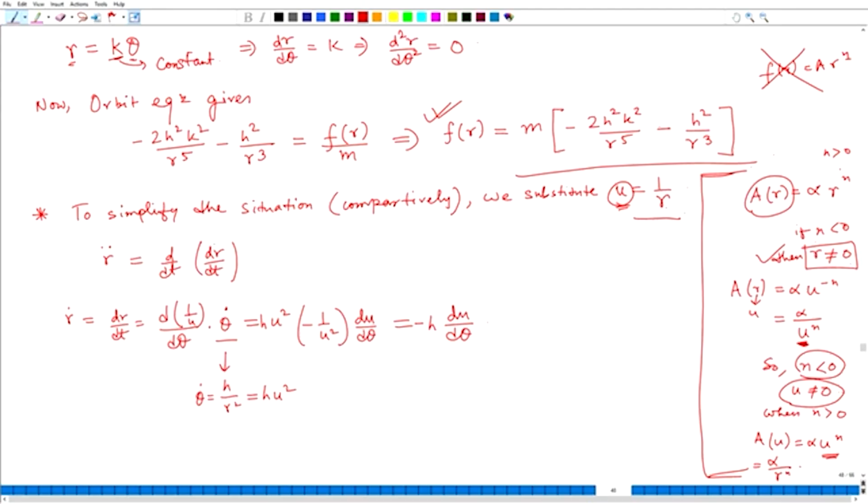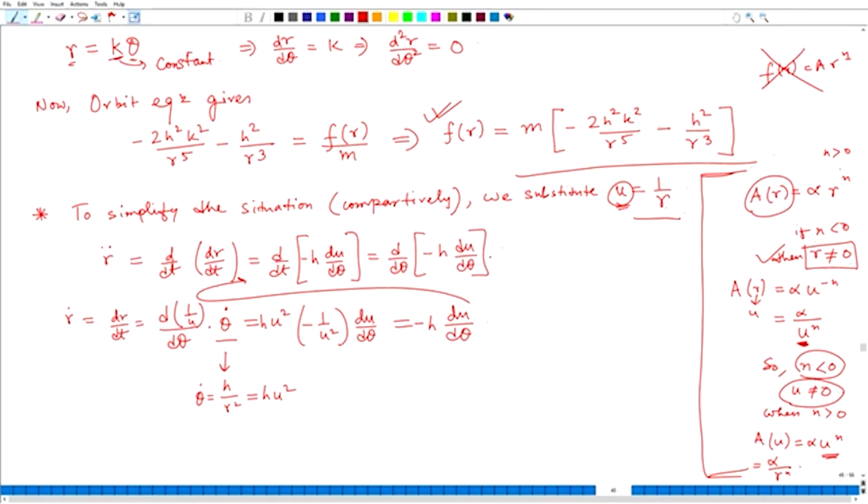And so then this is nothing but d dt of minus h du d theta, which is equal to d d theta of minus h du d theta times d theta dt again.